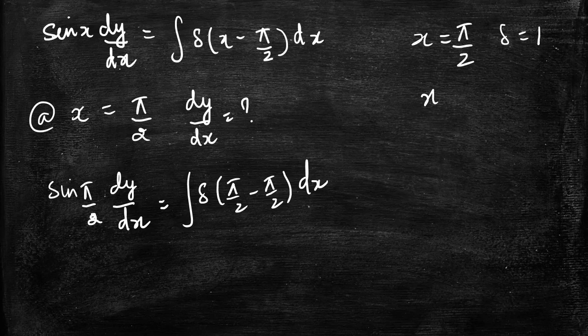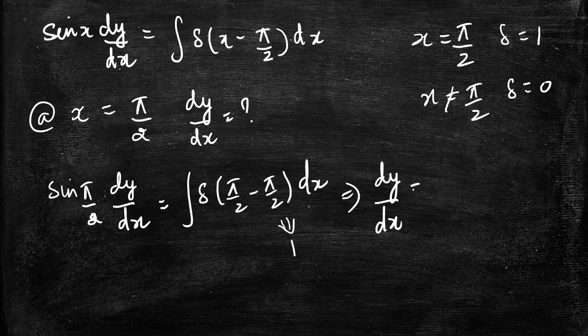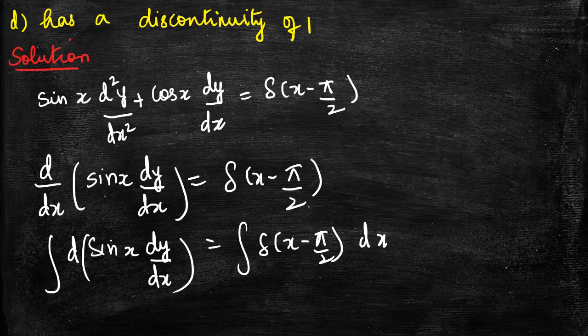And when x is not equal to pi by 2, the function will become 0. So you'll have to remember this. So now when x is equal to pi by 2, this function will get 1. So dy by dx will become 1.